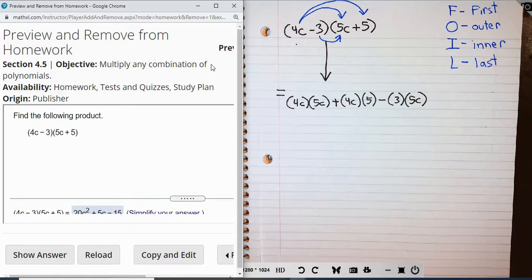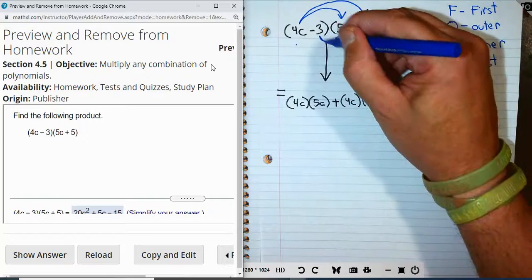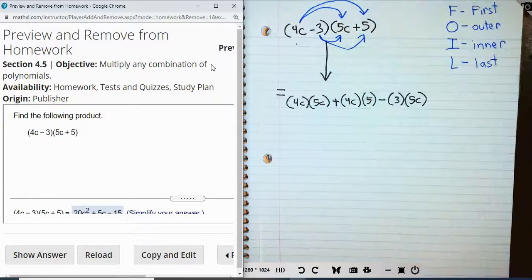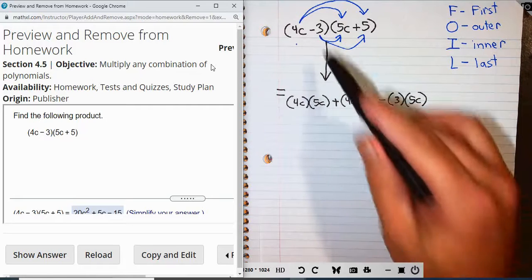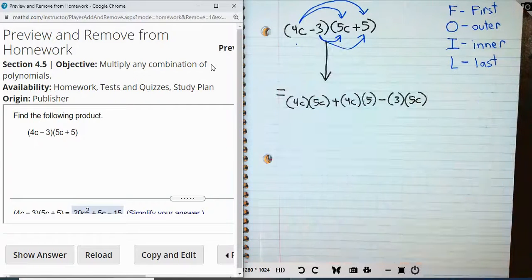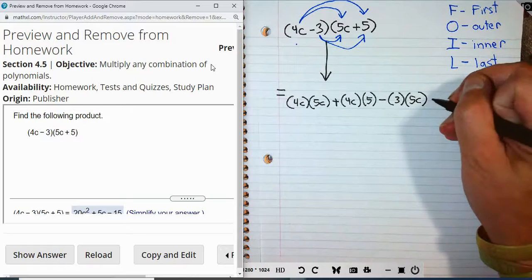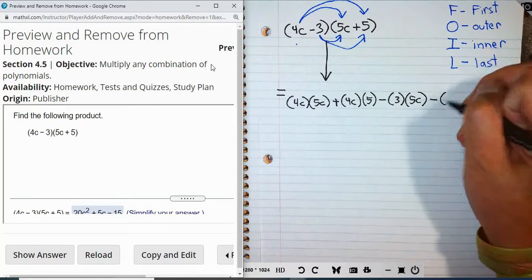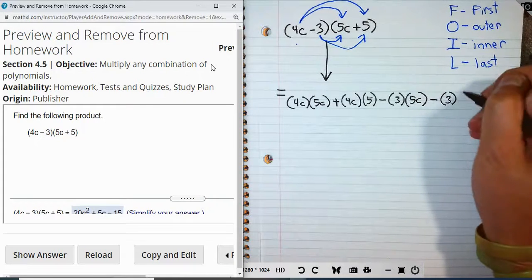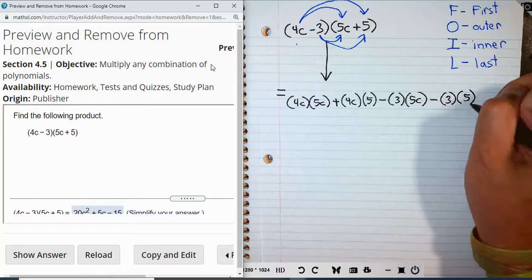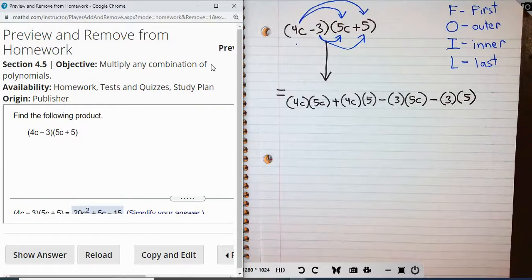And then we're going to do the L in FOIL, which is the last, which would be negative 3 times 5, the last terms in the two binomials. These are going to get a negative and a positive, so they're going to take a negative sign. So I've got 3 times 5. All right.